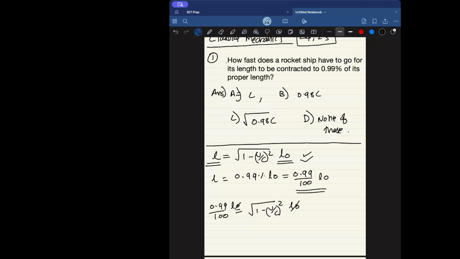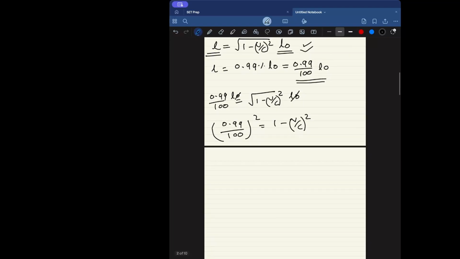What we'll get is (0.99 by 100) square equal to 1 minus (v/c) square. Okay, now solve this equation.